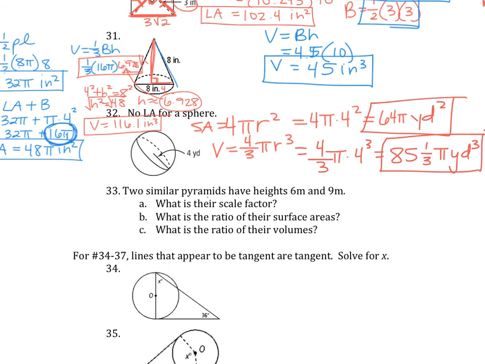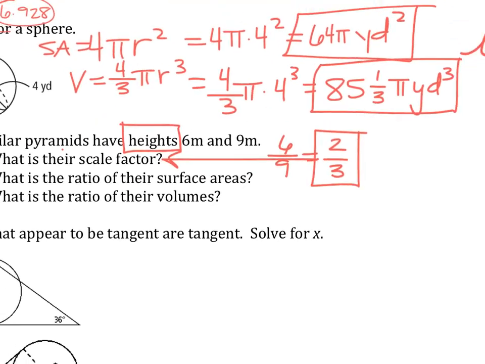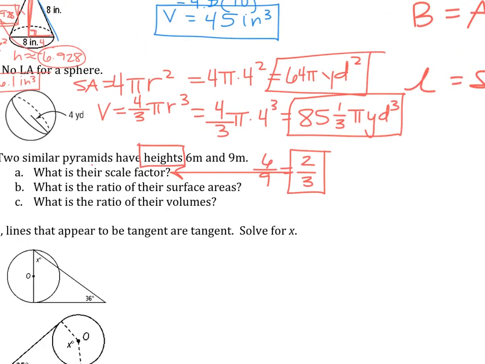All right, last one. Two similar pyramids have heights of 6 and 9. What is their scale factor? 2/3. Right, 6/9, and 6/9 gets reduced to 2/3. So that is your scale factor, okay? What do you do to that to get surface area ratio?